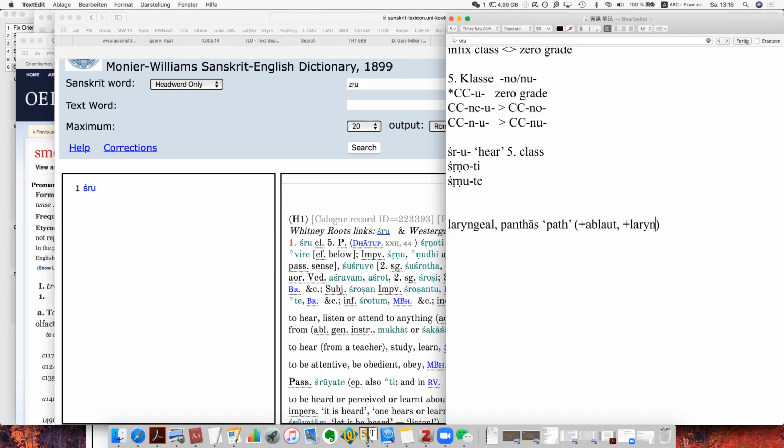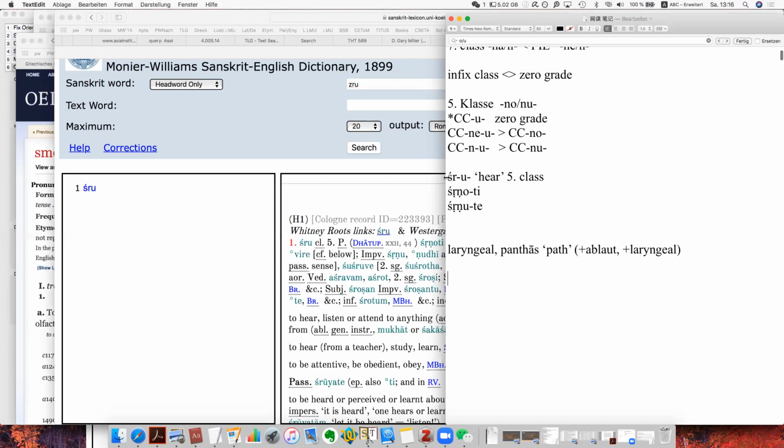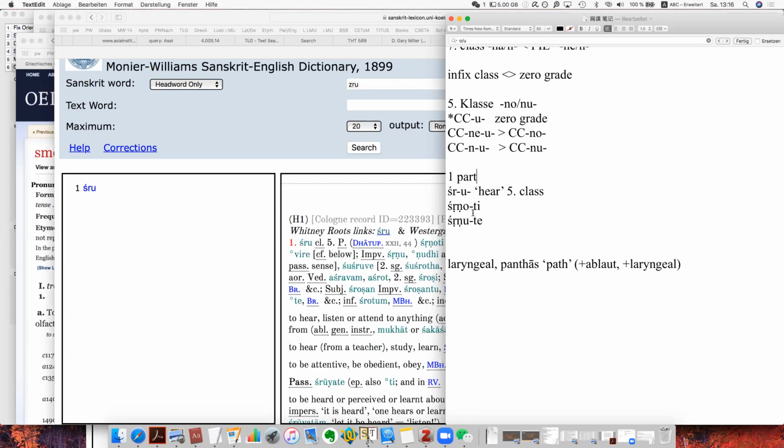So it is pretty complicated. We're going to talk about this word again, but in a textual context. We're going to read some passages containing the word pas and analyze its meaning. So there are two parts: the first part is about this root, and the second is about the laryngeal.